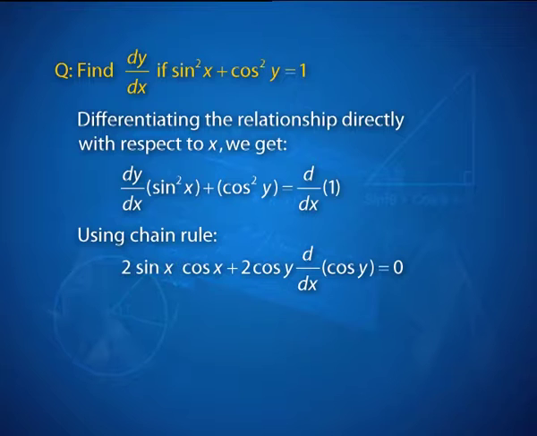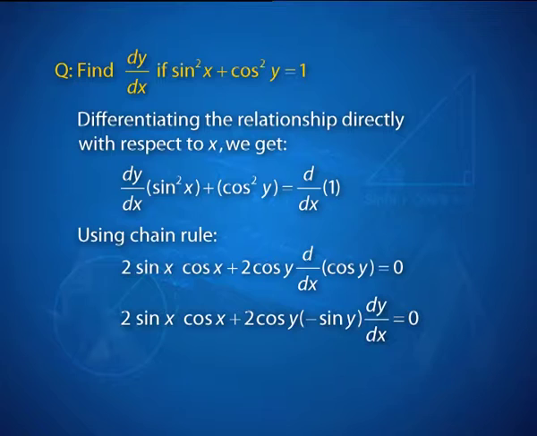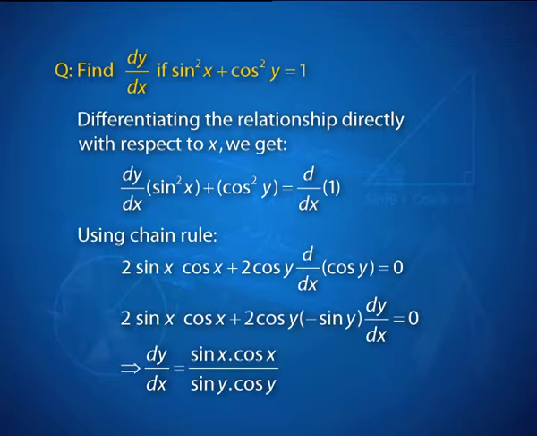Further, this becomes 2 sin x cos x as it was plus 2 cos y, and now the derivative of cos y using chain rule is minus sine y into the derivative of y with respect to x. From here, we will just separate out dy by dx. Rearranging, you get dy by dx as sin x cos x upon sin y cos y. So, the chain rule actually plays a significant role in finding the derivatives of implicit functions.